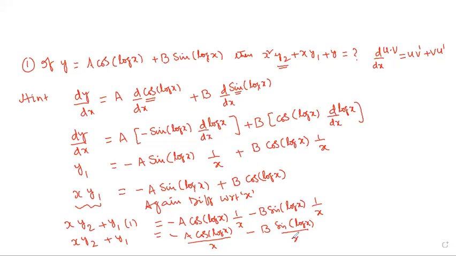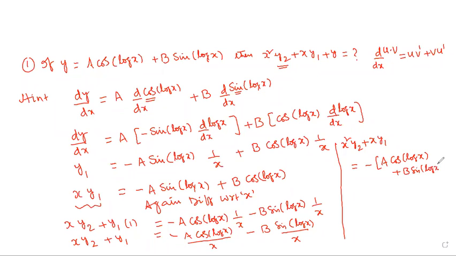Cross multiplication with x: x square y2 plus xy1 is equal to minus, taking a common, a cos of log x plus b sin of log x.